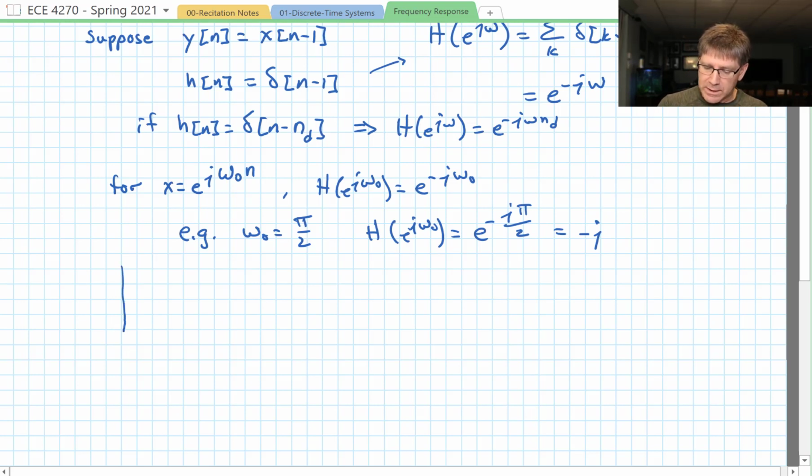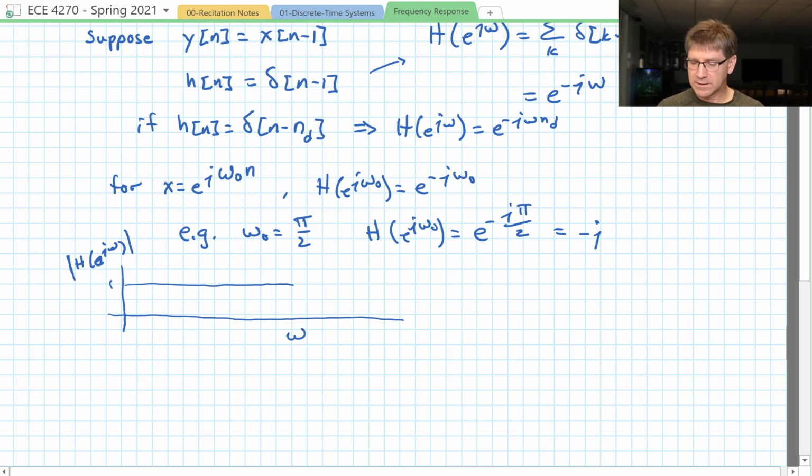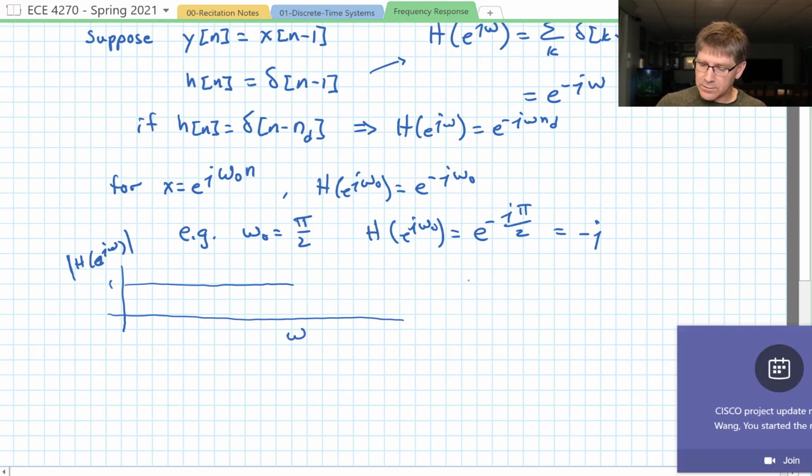But because we have solved this in the general case for omega, we can also show what these different values would be. Since it's complex, it gets hard to plot, so we're going to plot the magnitude. The magnitude of this is always 1 as a function of omega. That's easy. And then the angle.